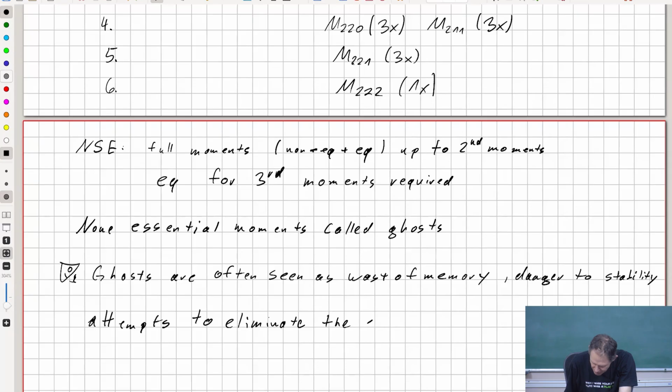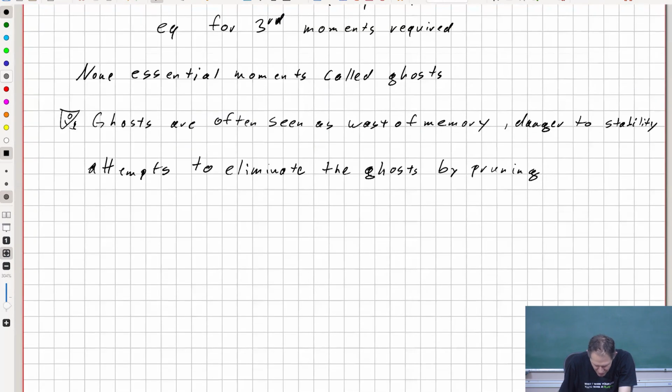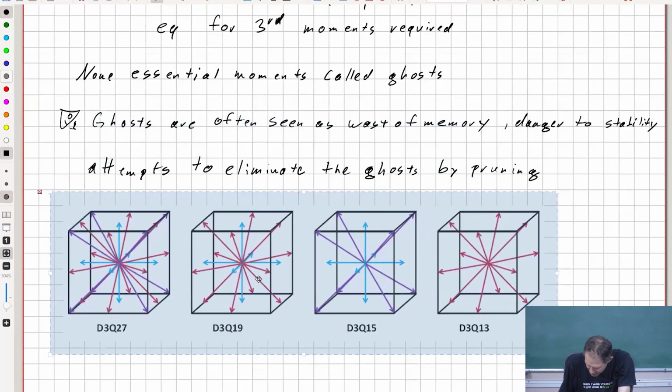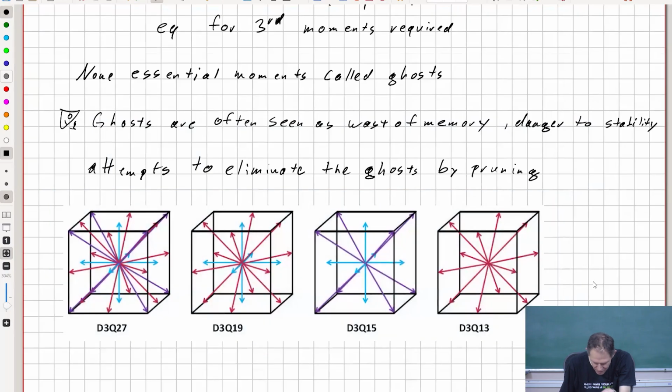by pruning. This means you take this lattice that we had and you cut out some branches. Because this is difficult to draw, I'm very sorry, I think it's better I don't draw this and just paste it here. So the tensor product lattice looks like this, the D3Q27.